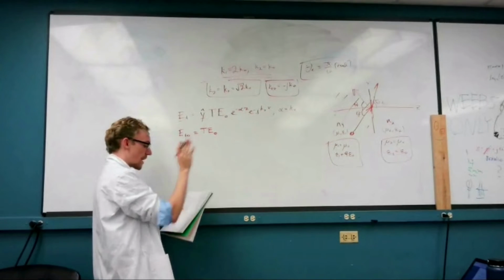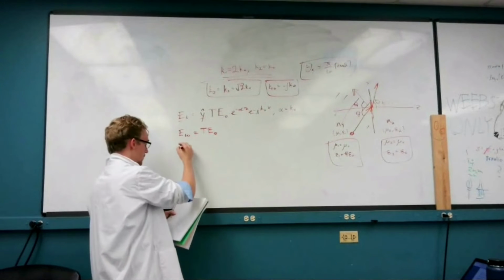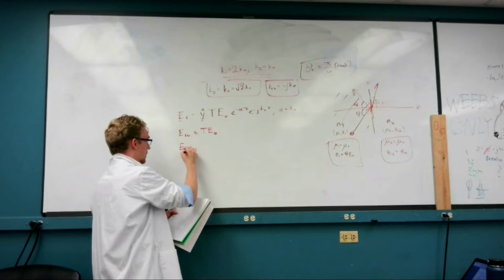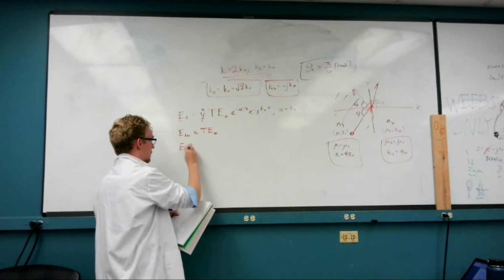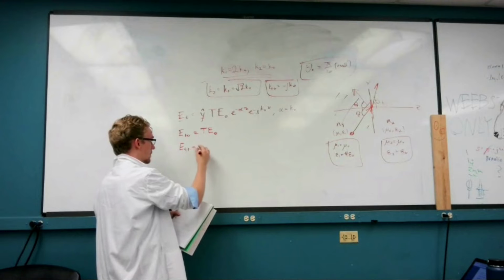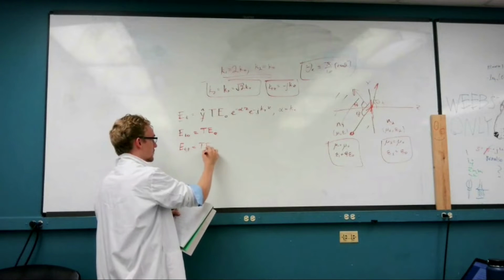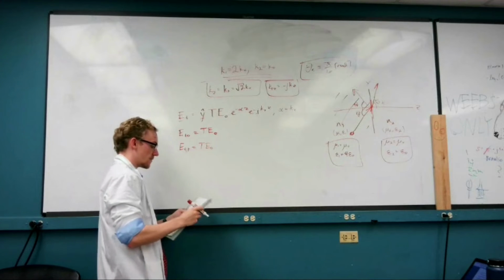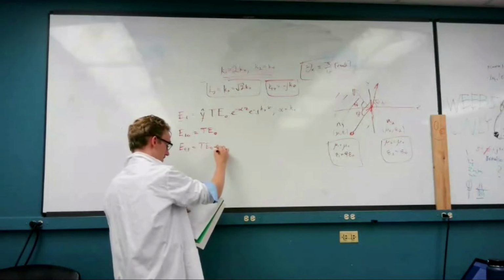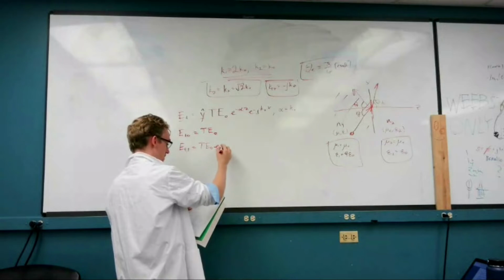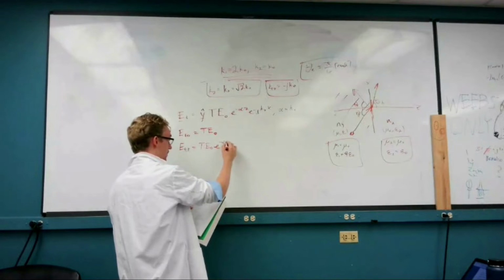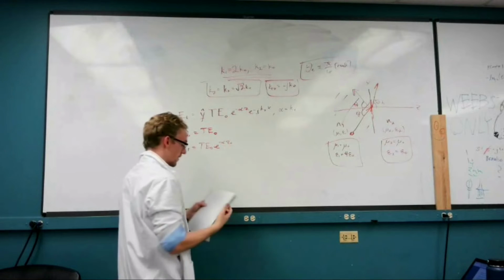And as it travels some distance into the medium, T1, we'll have the transmission coefficient times the magnitude of the field again, times some attenuation, e to the minus alpha z naught, as it travels some distance.